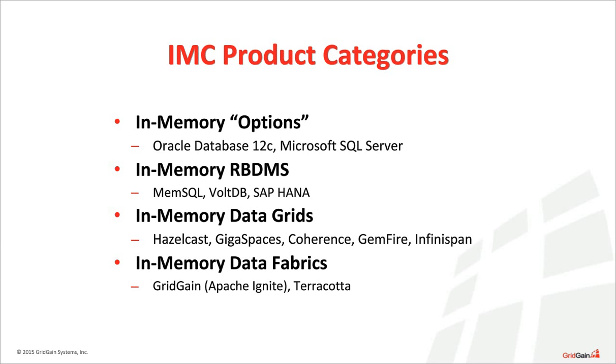In-memory databases essentially are memory only. They may use disk for backup and whatnot, but typically in-memory databases use memory as the system of record. Examples there are NewSQL and SAP HANA of that nature.